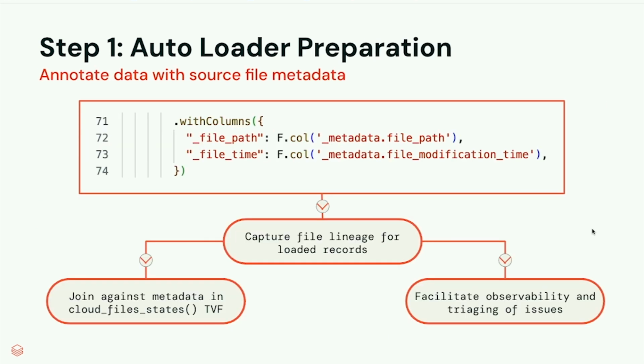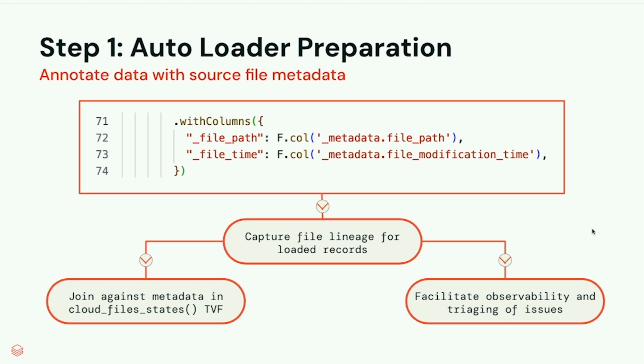It's a best practice to include metadata about the source file as part of your ingested data. This can significantly improve your observability and also your ability to triage files. To include that metadata, you use the underscore metadata column.